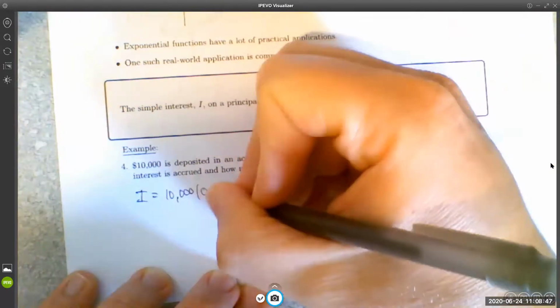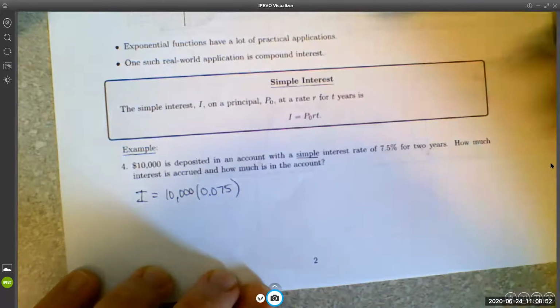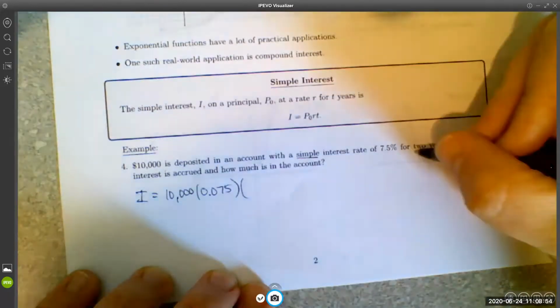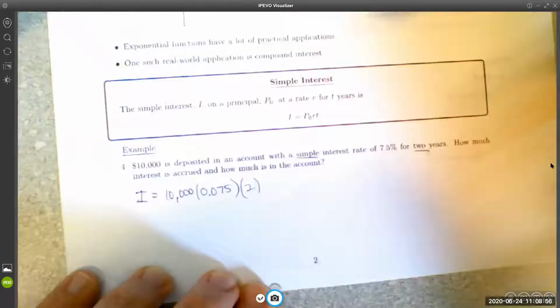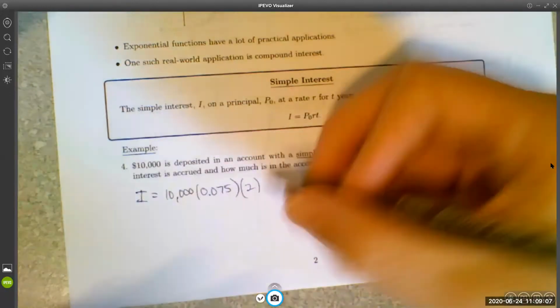We have to change that to a decimal to use it in our calculation, times the amount of time it's accruing that interest, in this case 2 years. 10,000 times 0.075 times 2 is $1,500.